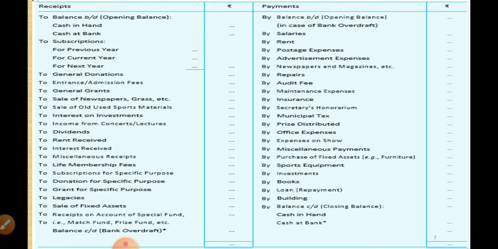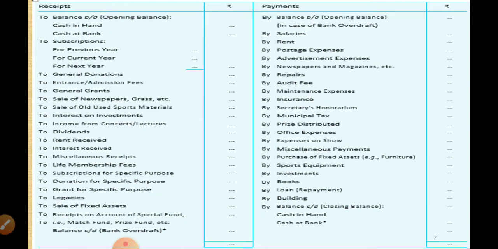Now here you have to keep in mind the receipt, which can be of revenue in nature or capital in nature, and the payment, which can be revenue in nature or capital in nature. I have already explained these things in my previous video.